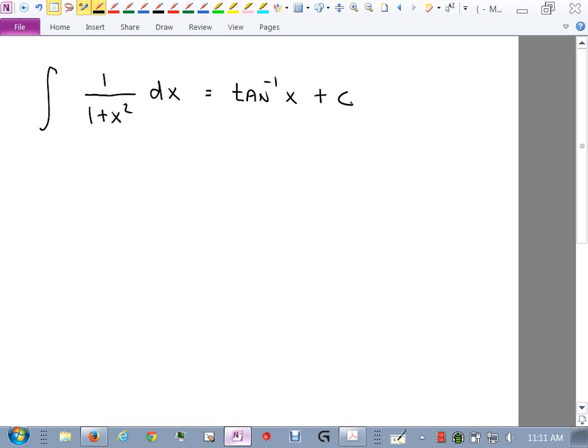That's one of those we just have to have kind of hardwired now. Now, what would happen if I change it up a little bit and I put in here something like x minus 3 squared dx? I could just replace this x with x minus 3. And so the answer to this would be arctan of x minus 3 plus c.